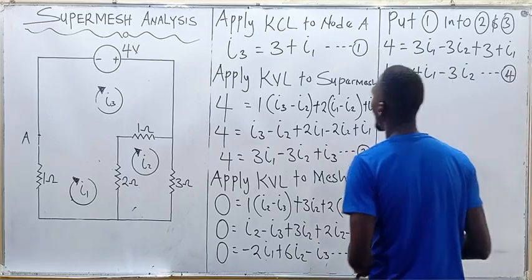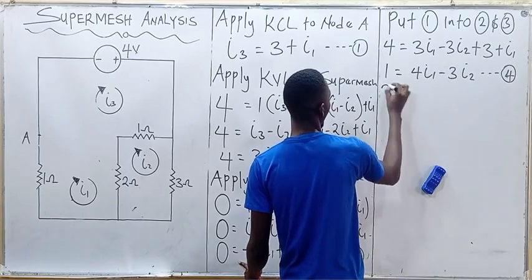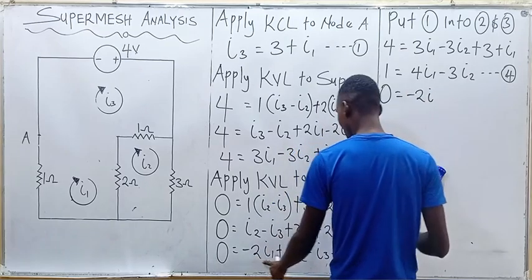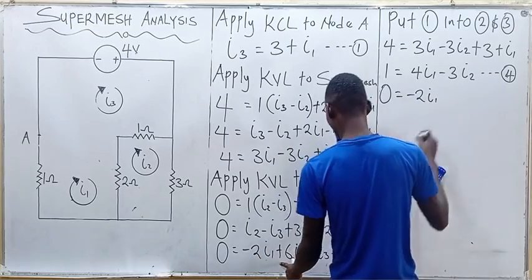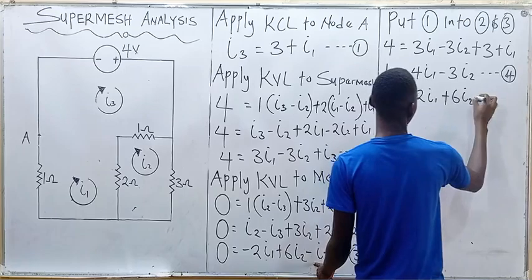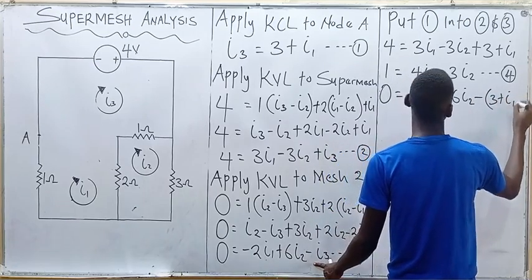So we are going to put 1 into 3. So 0 will be equal to minus 2I1 plus 6I2 minus I3, which is 3 plus I1.